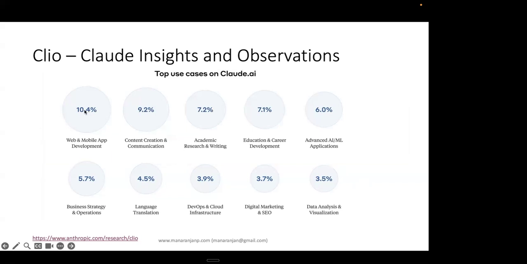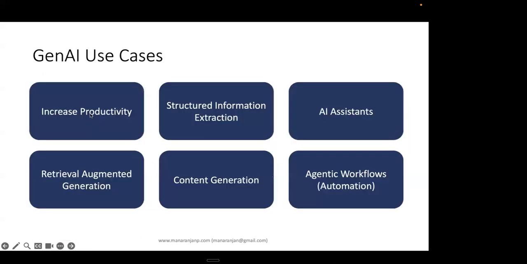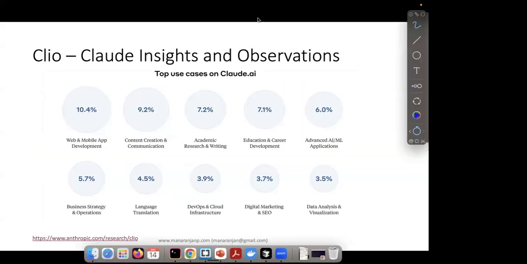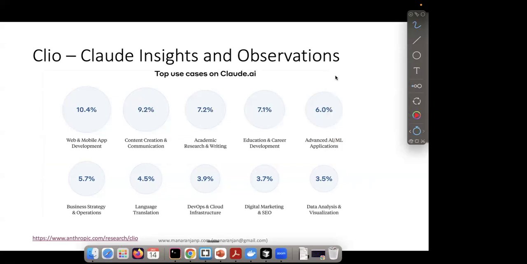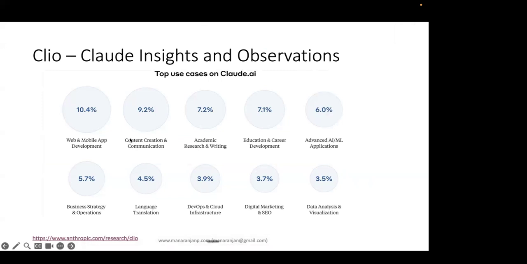For example, almost 10% of the requests, and this could be very specific to Claude also, because Claude models are typically excellent models for code development. People typically prefer Claude models over ChatGPT for software development.